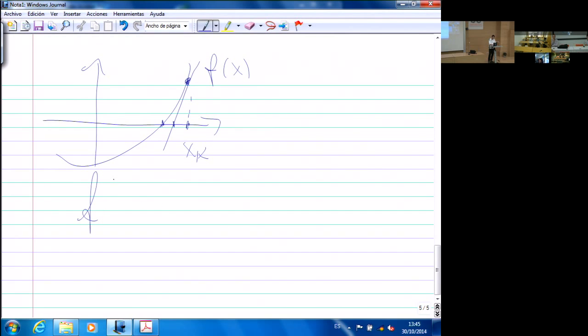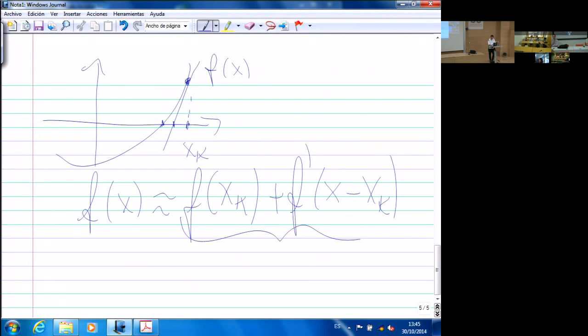So you approximate f of x by this linear function: f of xk plus f prime times x minus xk, plus the error term. If I want this to be 0, I will solve this equal to 0. This is better.